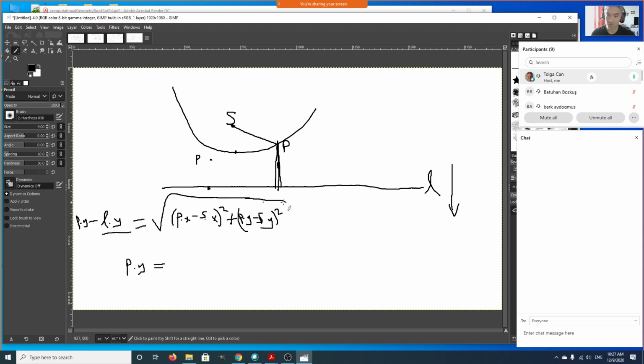For example, take the square of both sides. It's going to be py squared minus 2py ly plus ly squared.